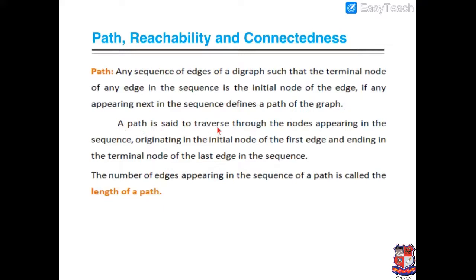A path is said to be traversed through the nodes appearing in the sequence, originating in the initial node of the first edge and ending in the terminal node of the last edge in the sequence. The number of edges appearing in the sequence of a path is called the length of a path.